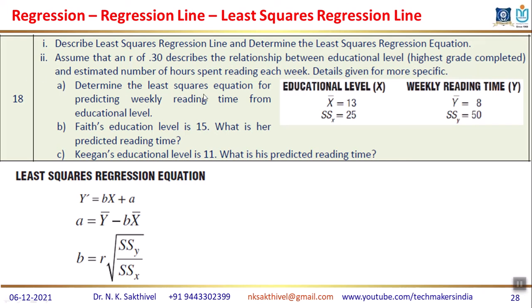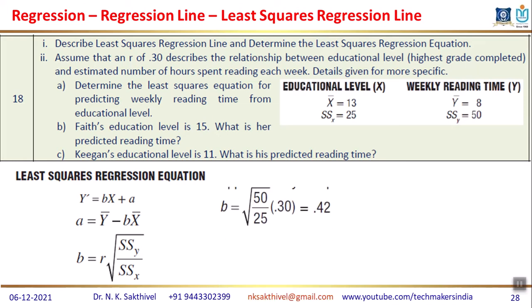Determine the least squares equation for predicting weekly reading time from the education level. So what is this least squares equation for predicting weekly reading time? This is the prediction, and for this prediction you want the x values. The x value is given, isn't it? So you can calculate.